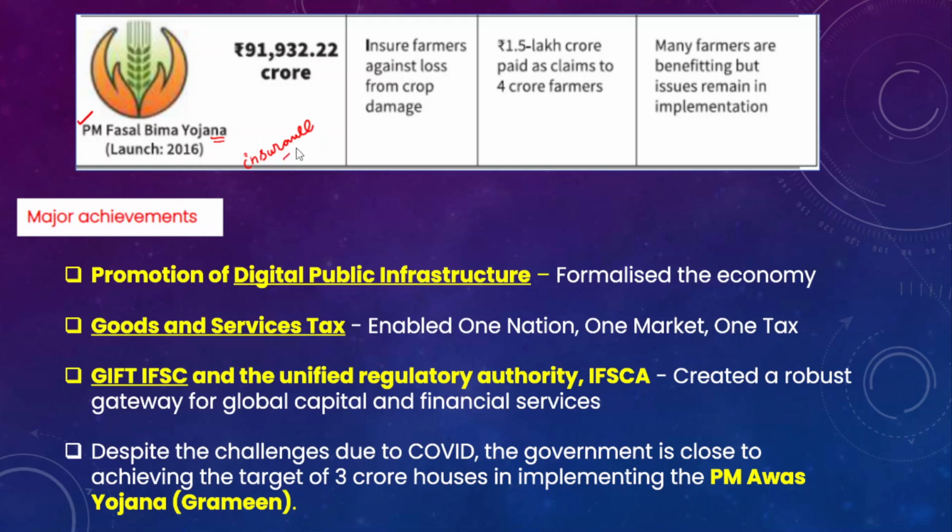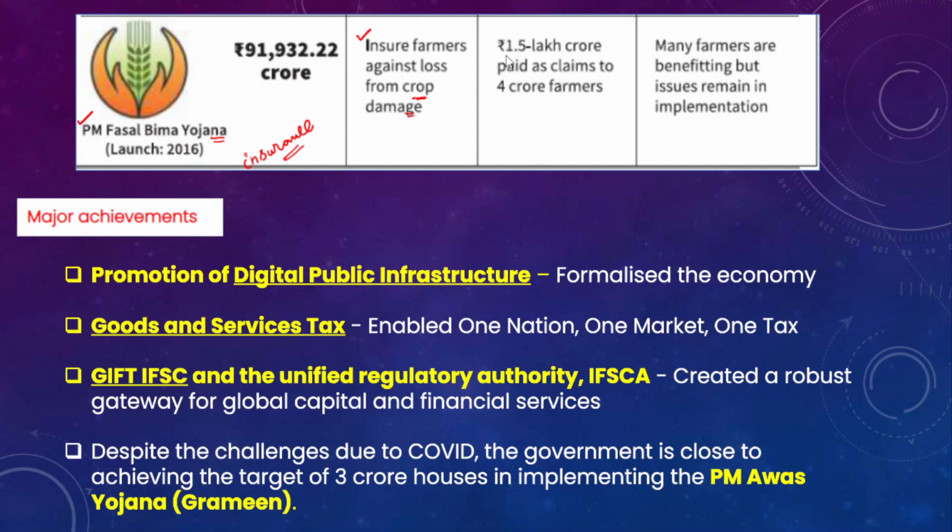So crop insurance is also a very important aspect that the government has taken care of, and it usually provides insurance for the farmers against crop losses or crop damages because of any major climate related event, droughts, floods, or any other failure of the crops.